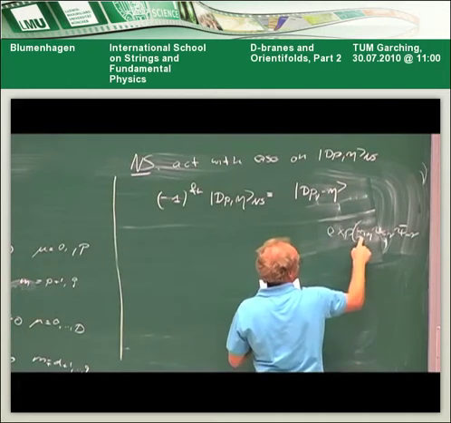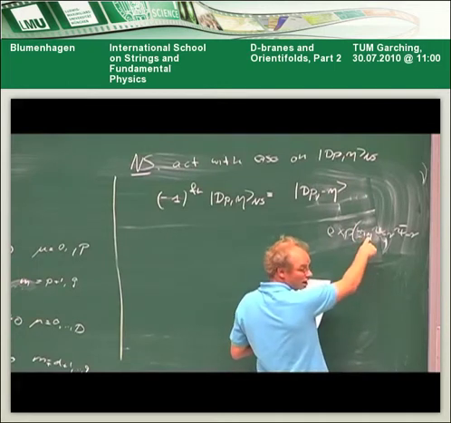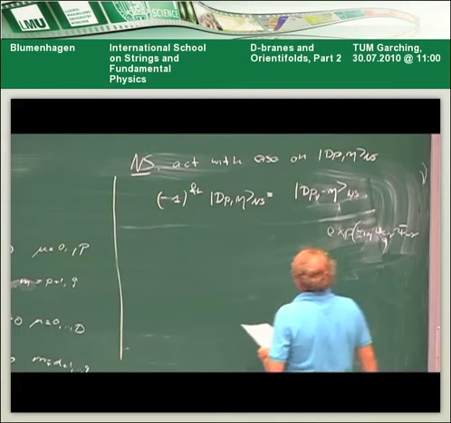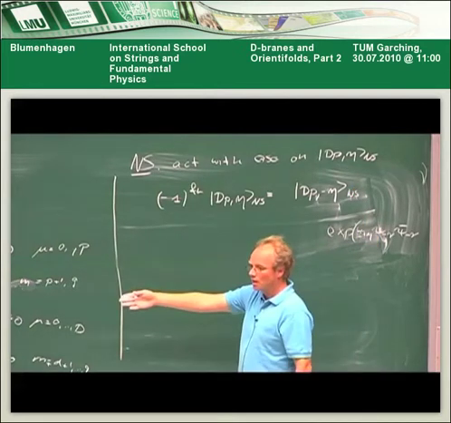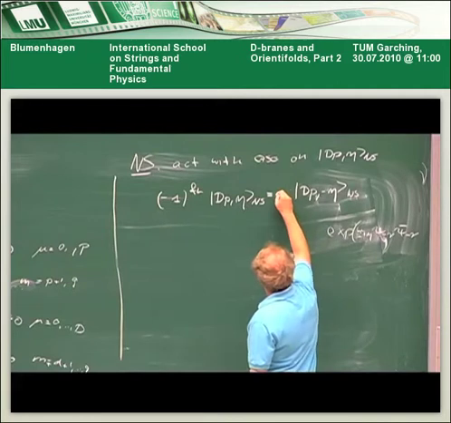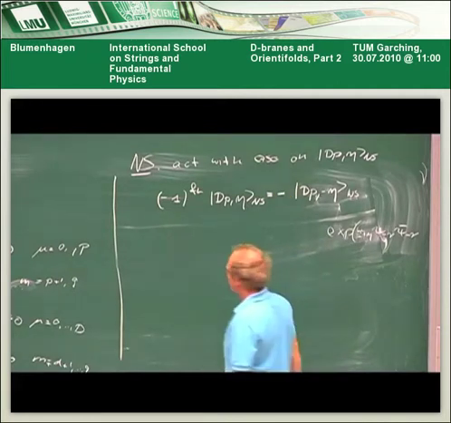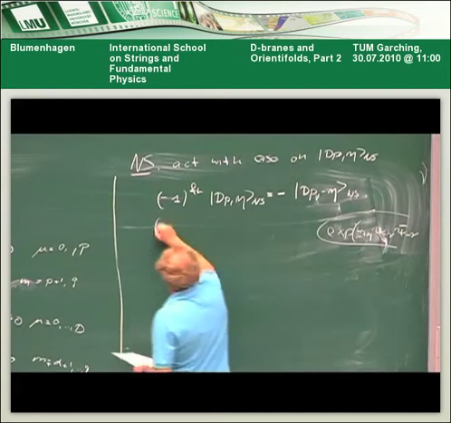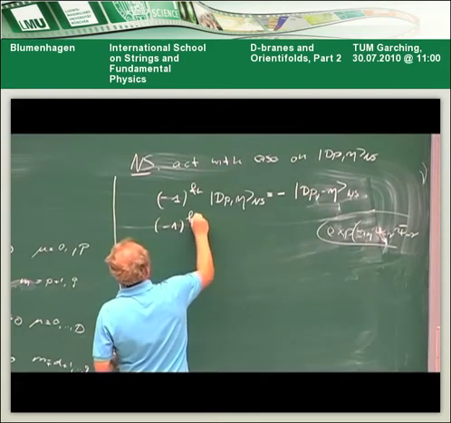You change this sign in front, which is the same as changing the sign of eta. And because we would like to act with a minus sign on the tachyon, which is the ground state, we get an extra minus sign here. And the same with (-1)^{F_R}.